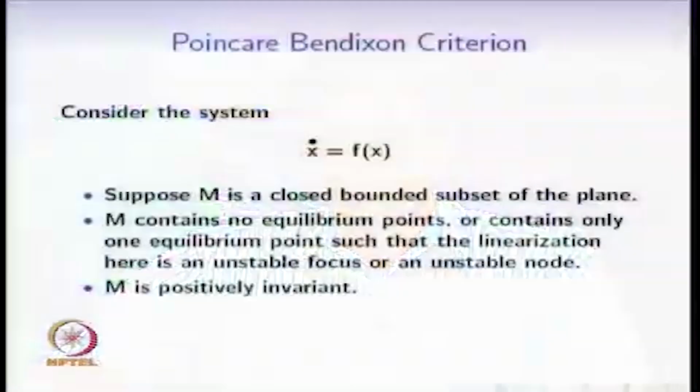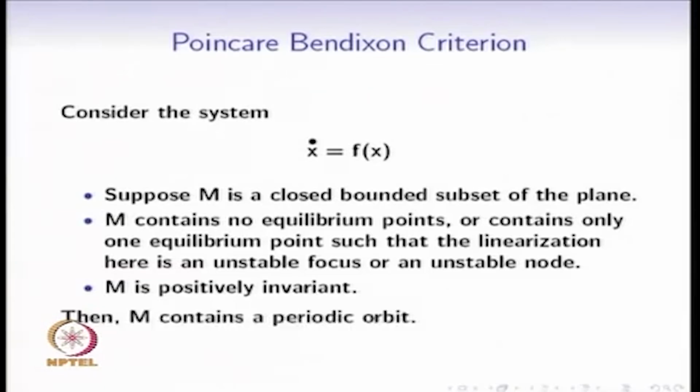If M satisfies these three conditions, that it is a compact set, it is positively invariant, and either M has no equilibrium points or at most one which is unstable, these three conditions are sufficient to ensure that M contains a periodic orbit. So, under these assumptions, the Poincare-Bendixson criteria claims that M is guaranteed to contain a periodic orbit.